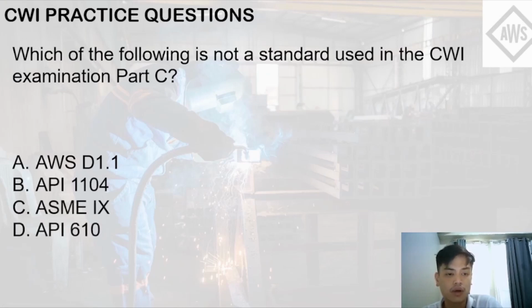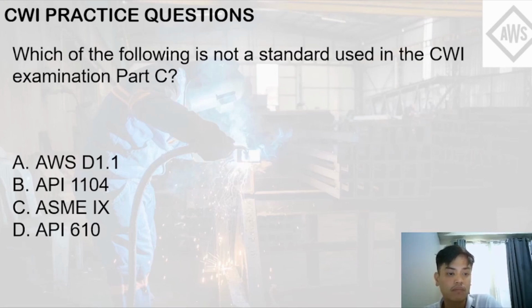AWS D1.1, as I talked about earlier, is the structural code for steel. API 1104 is the welding of pipelines and related facilities. ASME 9 is welding and brazing procedure qualifications. But AWS D1.1 also has a prequalification of welding procedure specification.